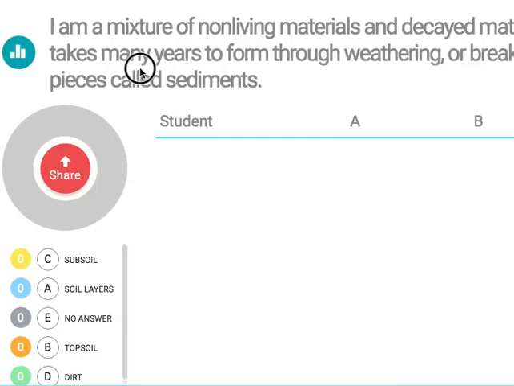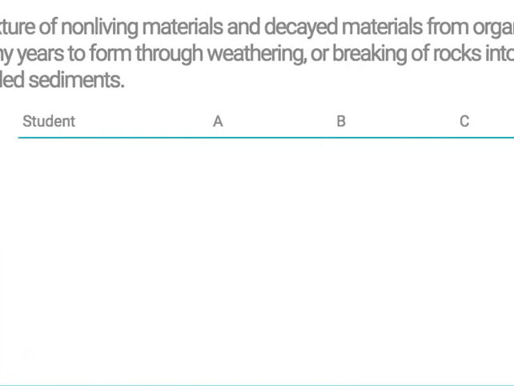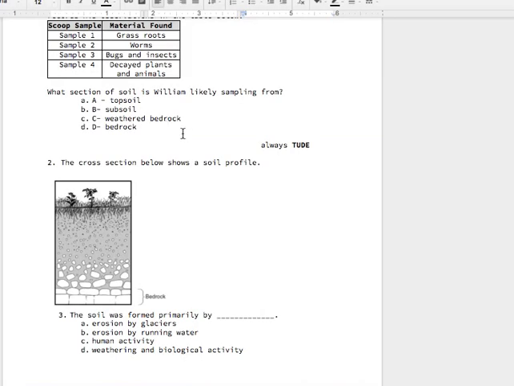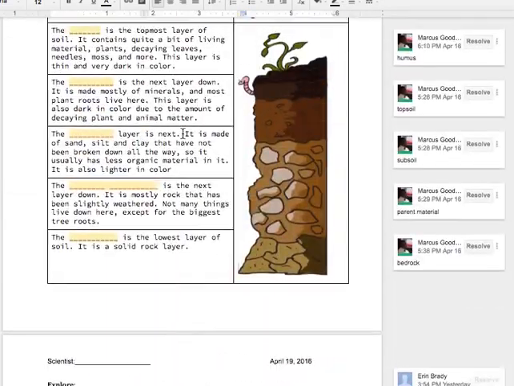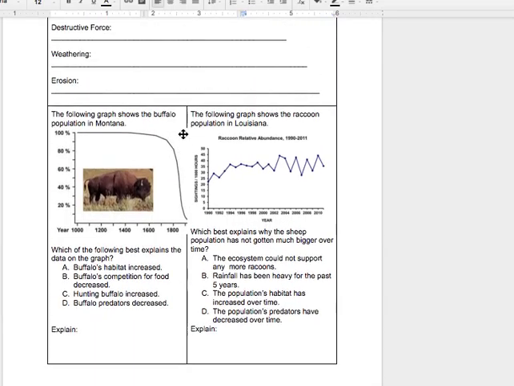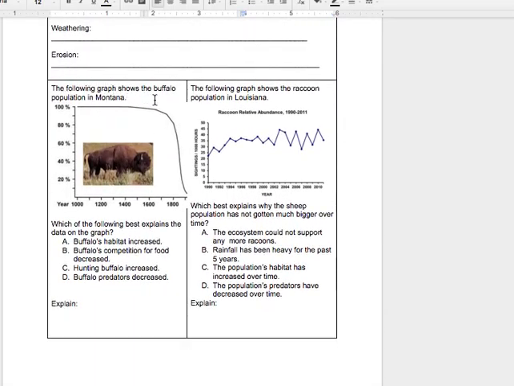Number 2, the following graph shows the buffalo population in Montana. Which of the following best explains the data on the graph?